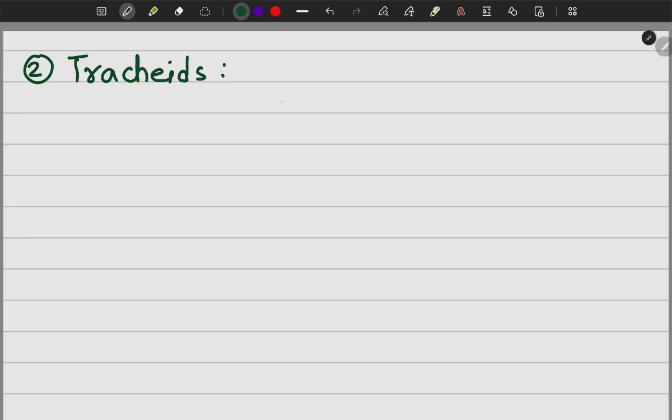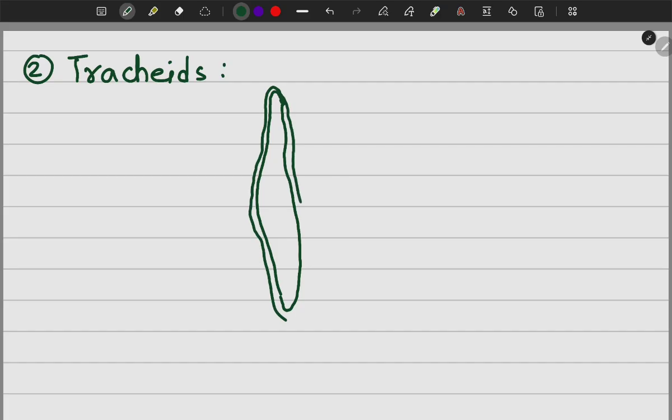They are narrow, like this. So this is a tracheid.